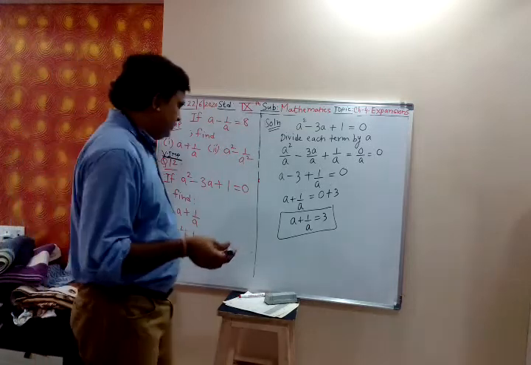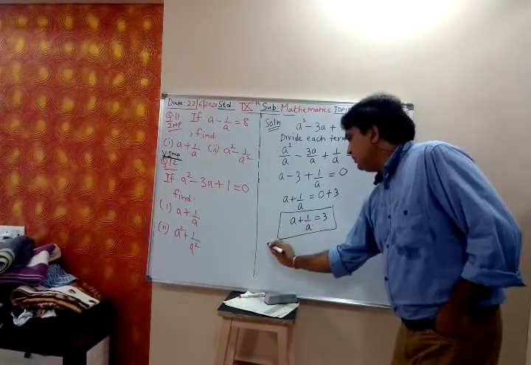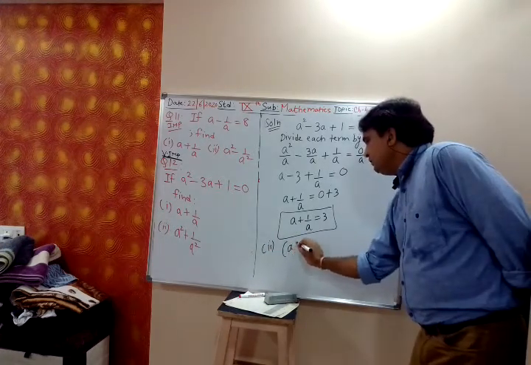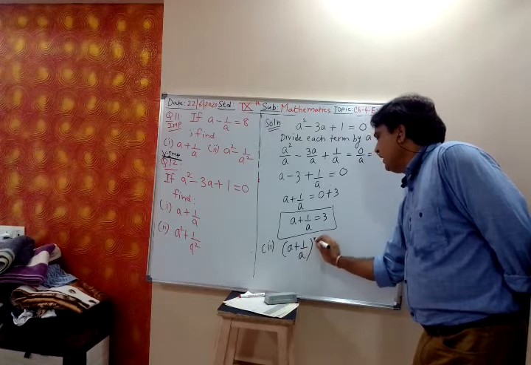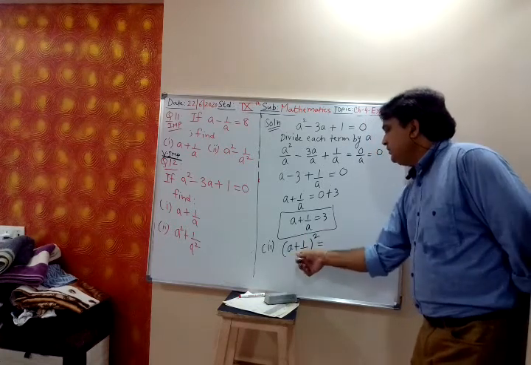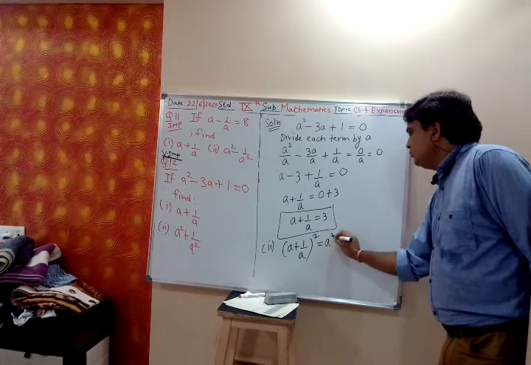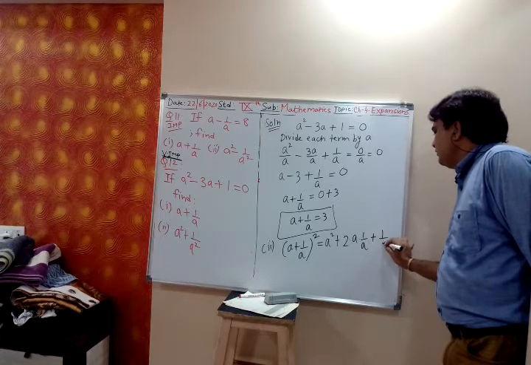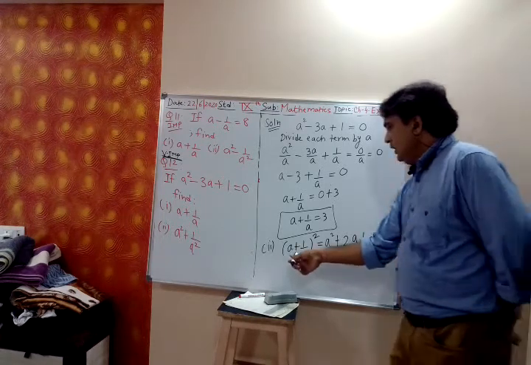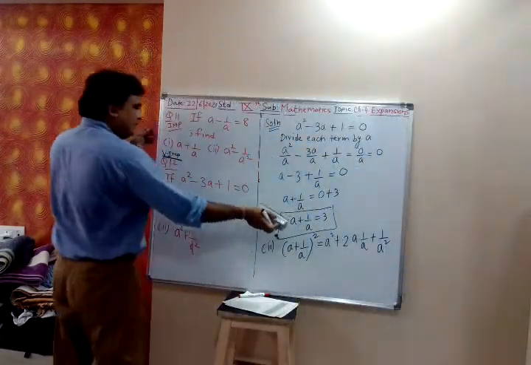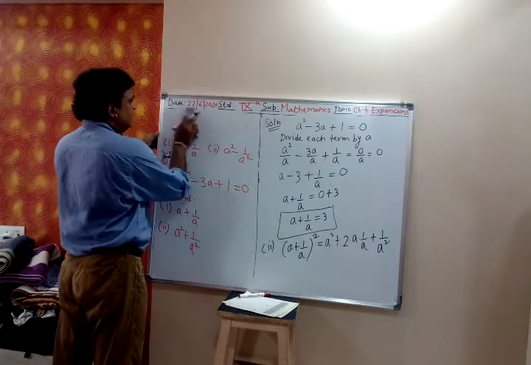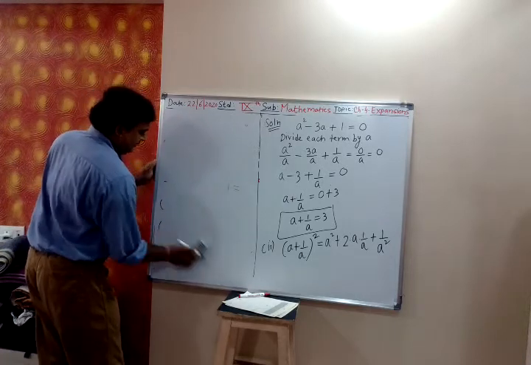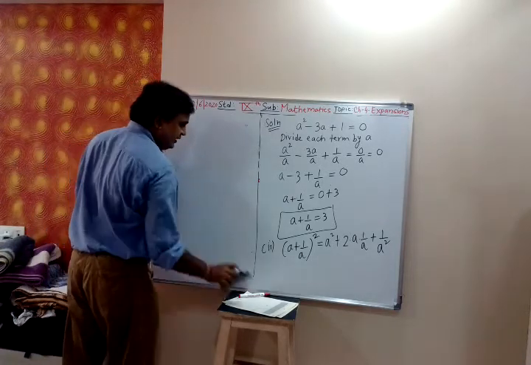Now it is asked, what is a square plus 1 upon a square? To get a square plus 1 upon a square, I will consider a plus 1 upon a whole square. I will square this and use the a plus b whole square formula. That is a square plus 2 into a into 1 upon a plus 1 upon a square. Now the value of a plus 1 upon a, which we have found, is 3.